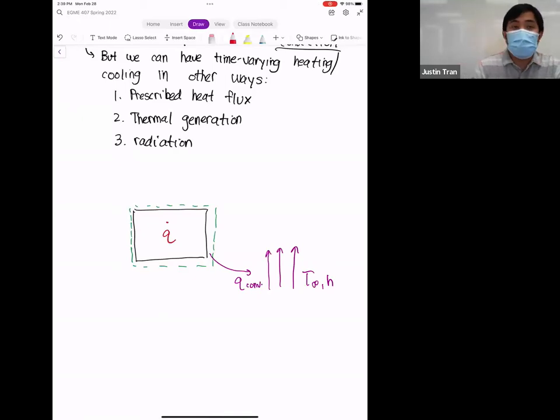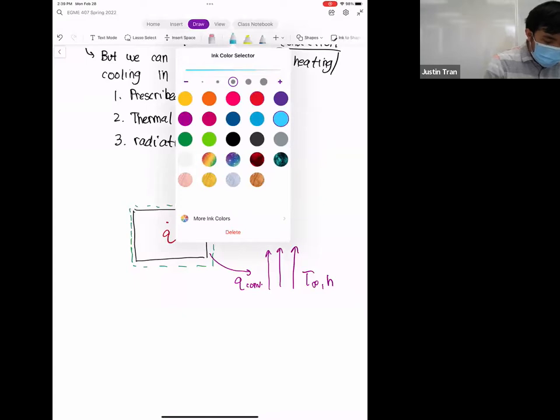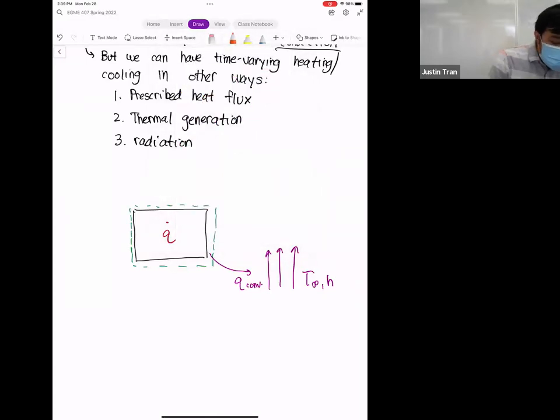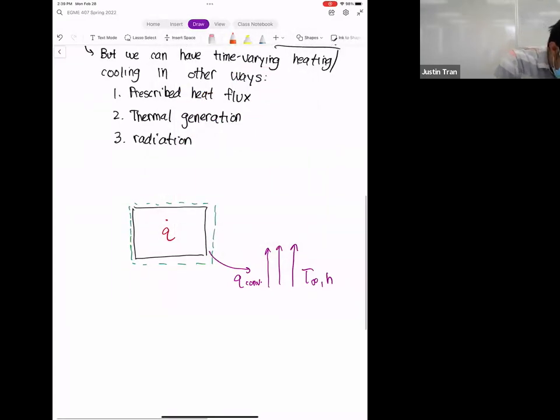We can have a situation where our object itself is generating heat. And so this would be point number 2 right there for thermal generation. We can have our object being heated from the outside with the prescribed heat flux. Right?